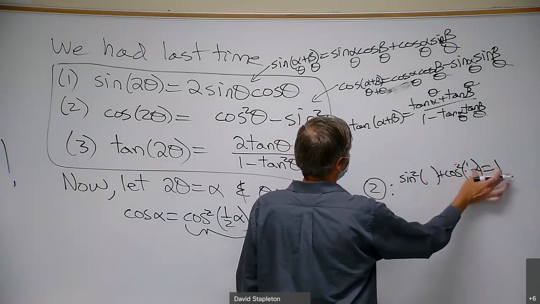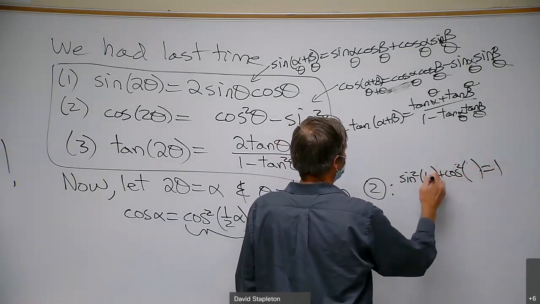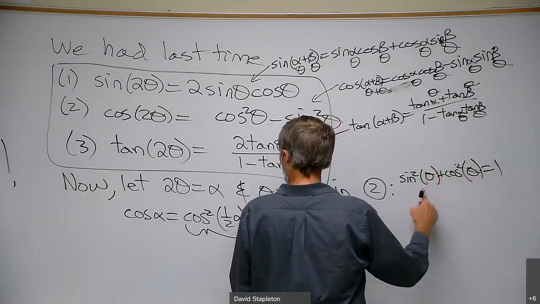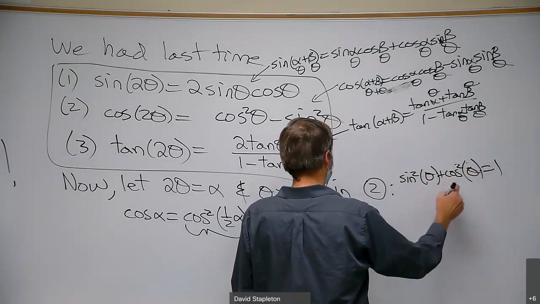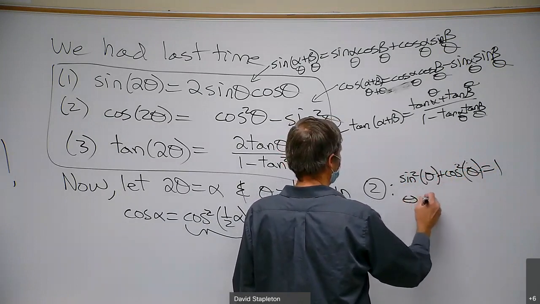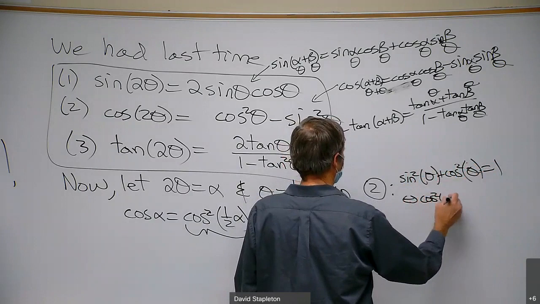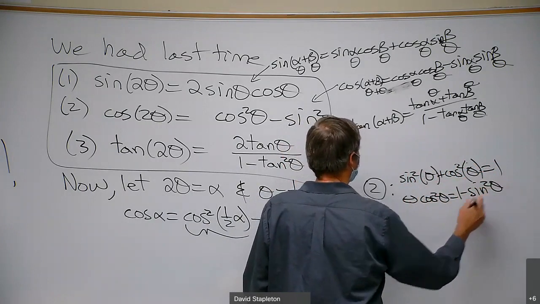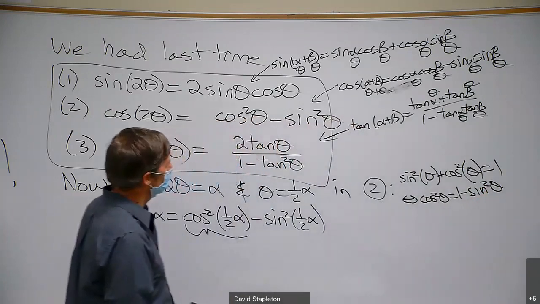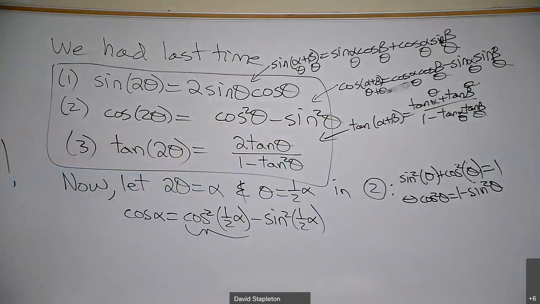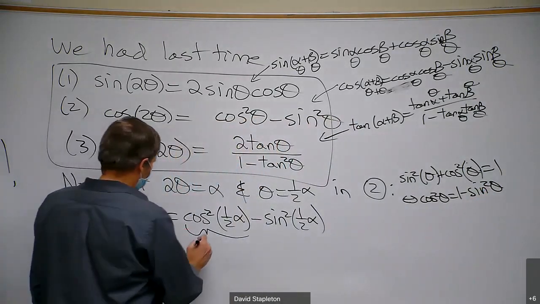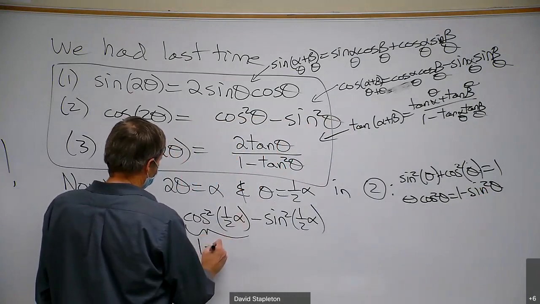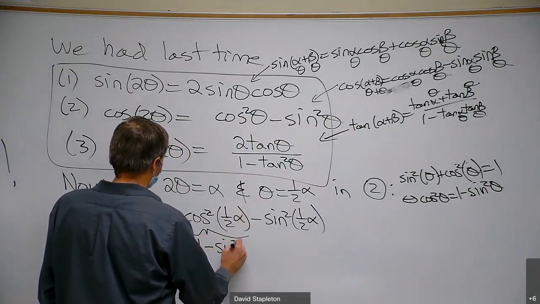Theta is 1/2 alpha. Sine squared plus cosine squared equals 1. Then I subtract sine squared from each side. I write equivalently, cosine squared can be replaced with 1 minus sine squared. So I could replace this by the Pythagorean identity, solving for cosine squared with 1 minus sine squared.